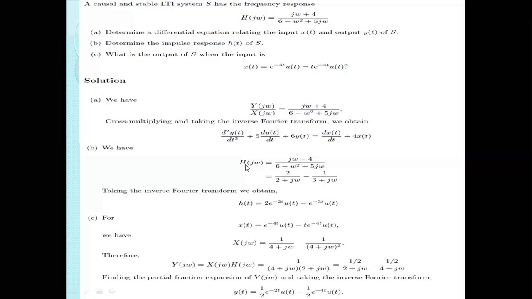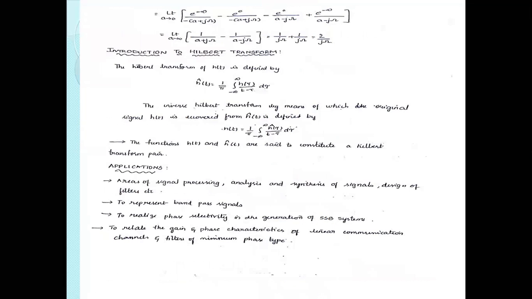So Y of omega is multiplied with this X of omega, h of omega, getting the A and B values. Again, the y of t is equal to 1 by 2 e power minus 2t mu of t minus 1 by 2 into e power minus 4t mu of t.